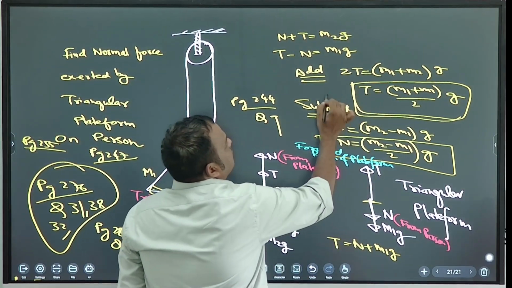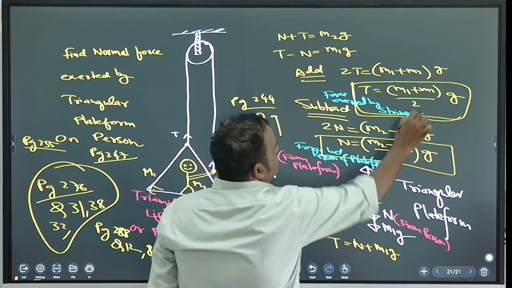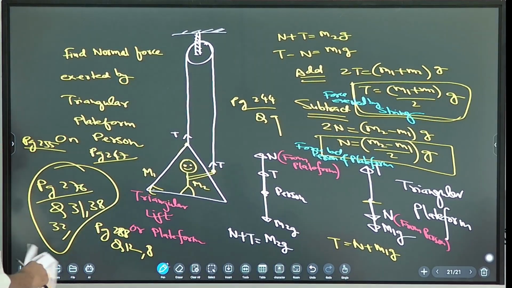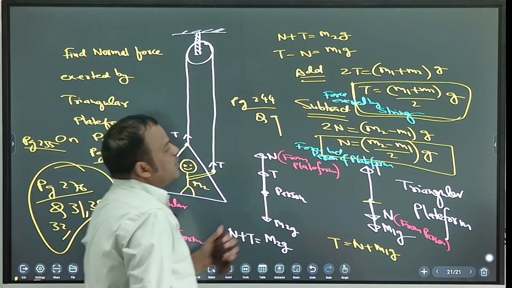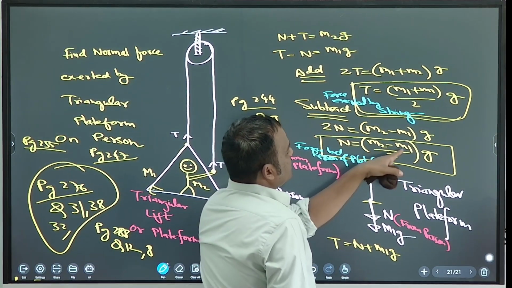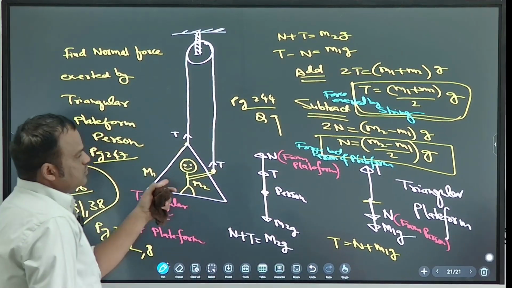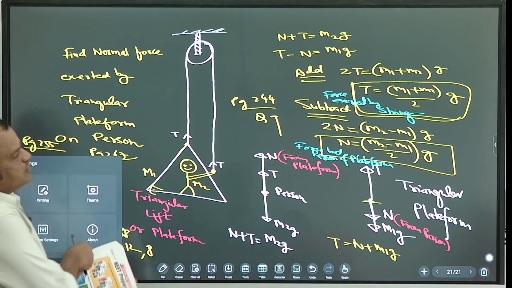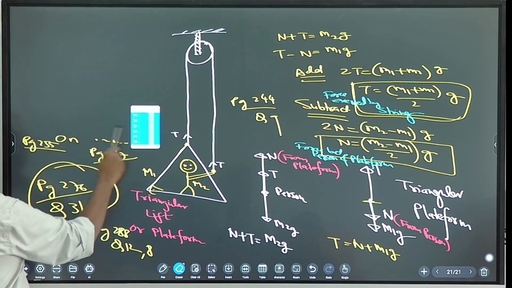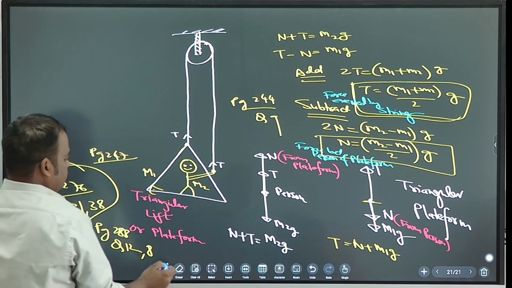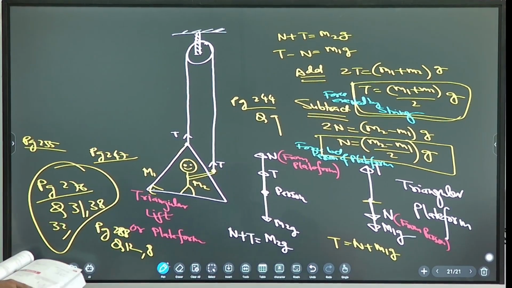Force exerted by string is (M1 plus M2) into G by 2, and normal force between person and platform is (M2 minus M1) by 2 into G. M2 means person, so person minus platform mass into G.